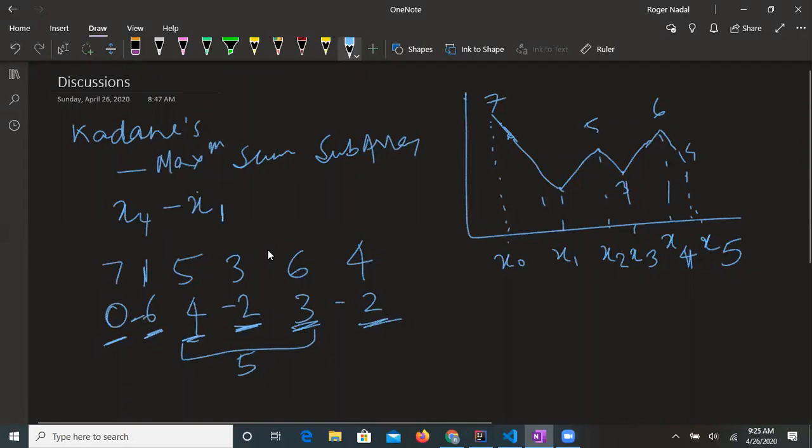If I turn this array into another array, which is the difference of its neighbor, and I just calculate maximum sum subarray, it works. Now why does it work? Because all I did here is x4 minus x1, right?